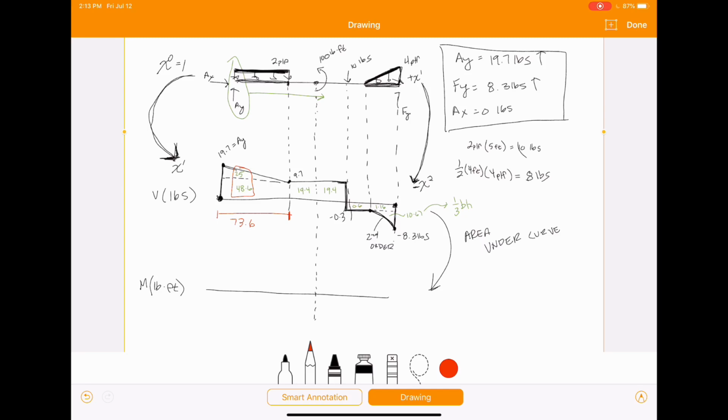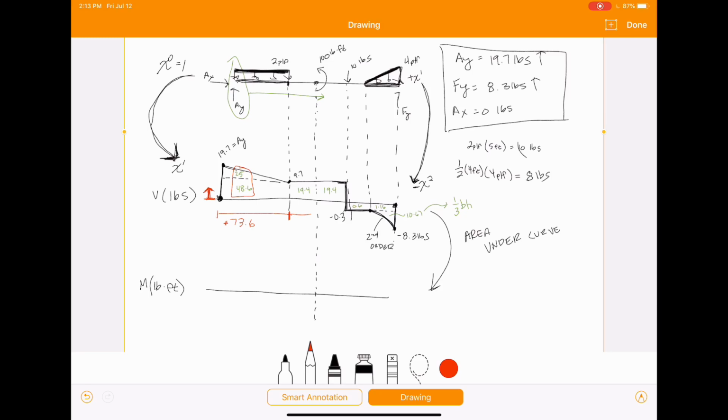And that is going to be positive because the area is above this axis of the shear. It's on the positive side. So this here is positive.